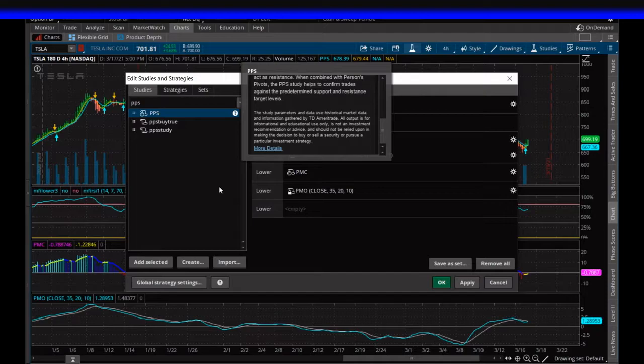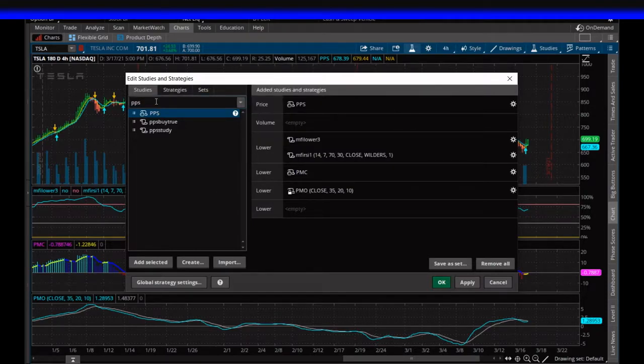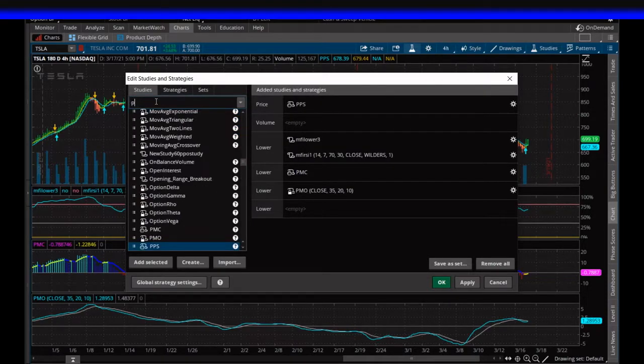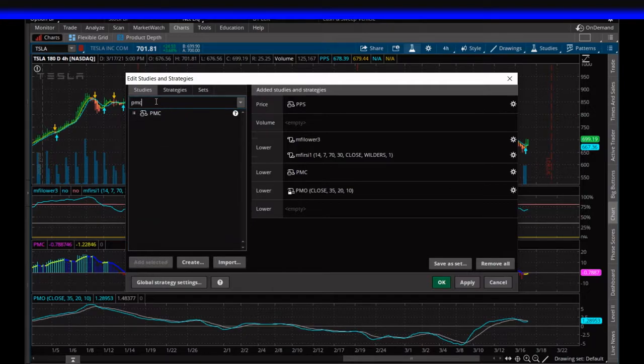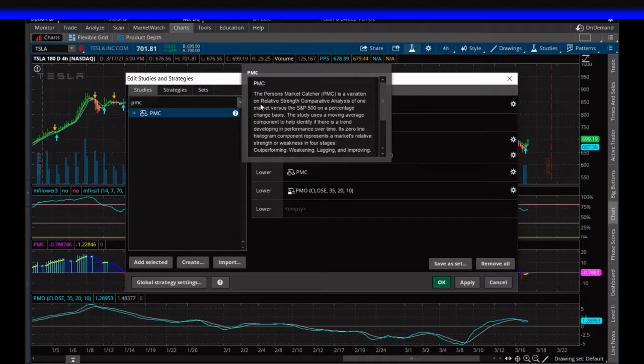Very descriptive. Now, for the PMC. That's the Person's Market Catcher. It is a variation on relative strength, a comparative analysis of one market versus the S&P 500 on a percentage change basis.